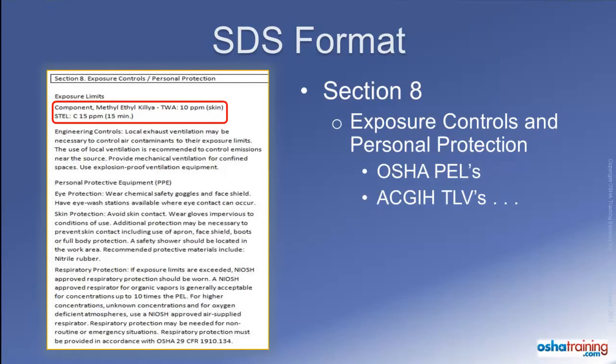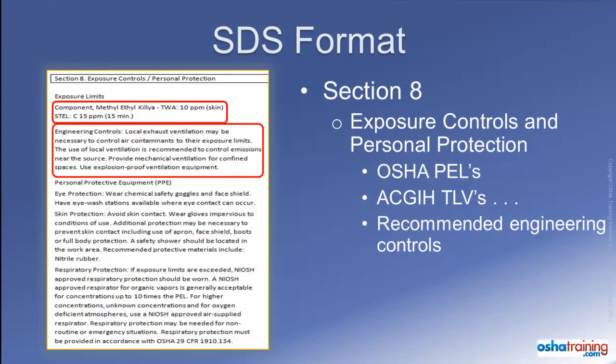There may also be listings for voluntary threshold limit values, or TLVs, established by the American Conference of Governmental Industrial Hygienists, or similar limits recommended by other groups. This section will also list appropriate engineering controls, where applicable, such as recommendations for exhaust ventilation systems or enclosures to contain emissions.